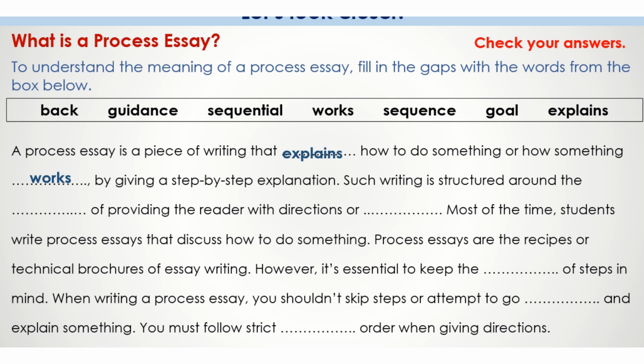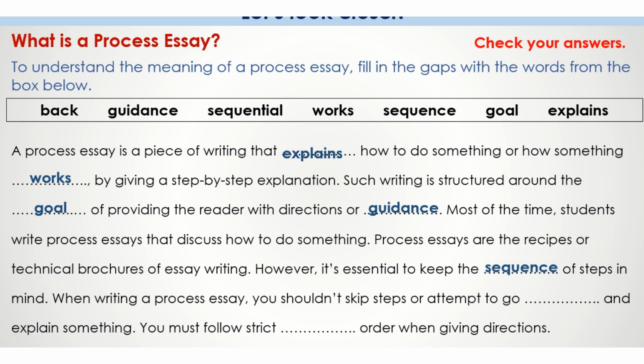Such writing is structured around the goal, the aim, the objective of providing the reader with directions or guidance, instructions. Most of the time, students write process essays that discuss how to do something. Process essays are the recipes, or the technical brochures of essay writing.